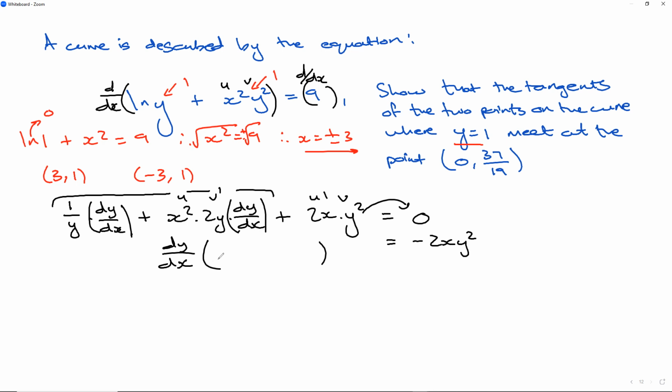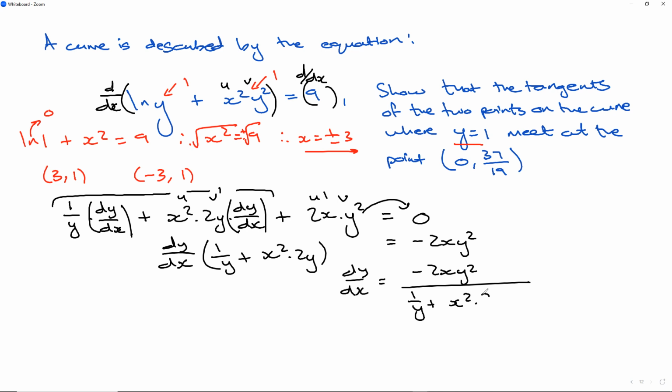And that'll become 1 over y plus x squared times 2y. And then divide both sides by that. So dy dx will end up as -2xy squared, all divided by that whole function, 1 over y plus x squared times 2y. So this is the derivative. This is dy dx, the gradient.